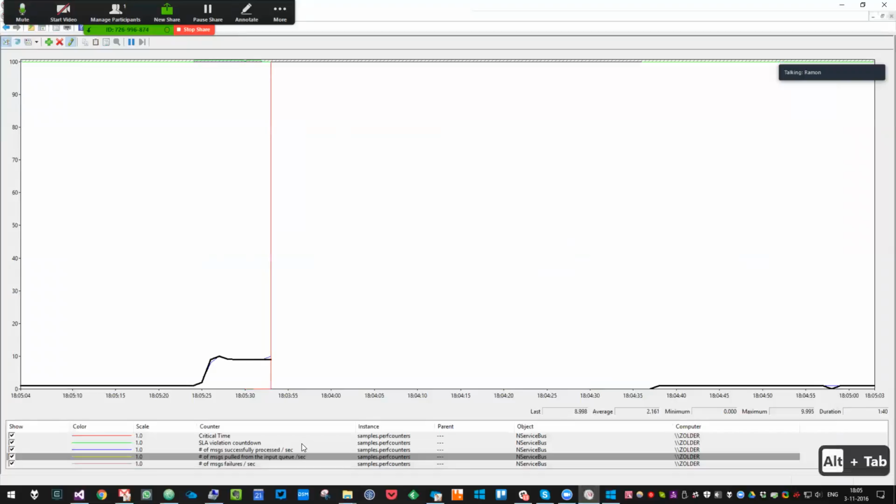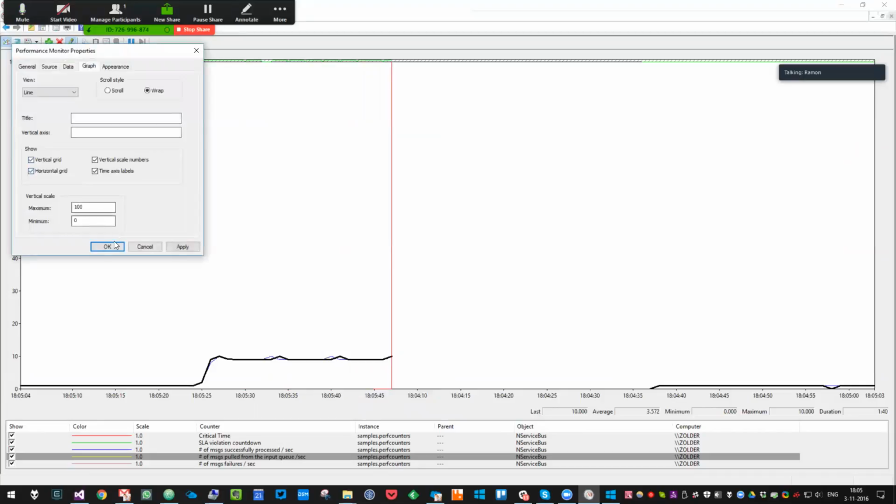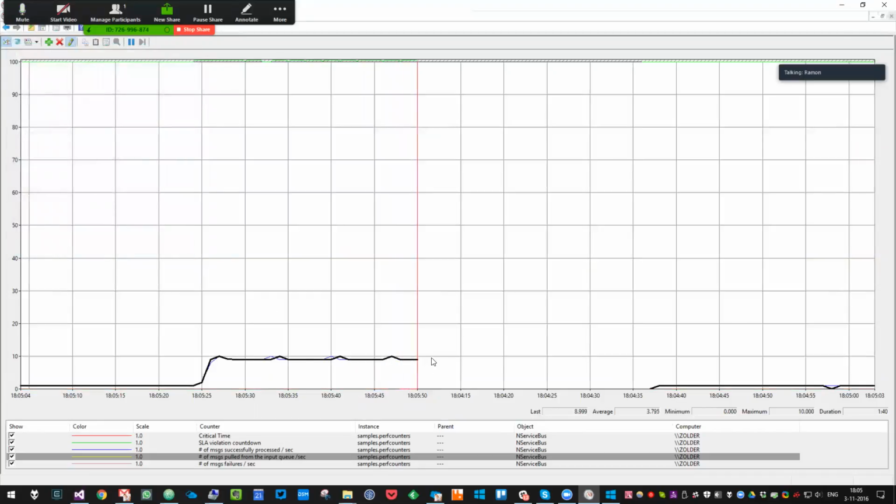So we go back here and we can see that the number of messages is a little bit less for some reason. Let's enable the graph. Yeah, it's a little bit lower, probably due to some timing issues, but it's basically 10 messages per second.